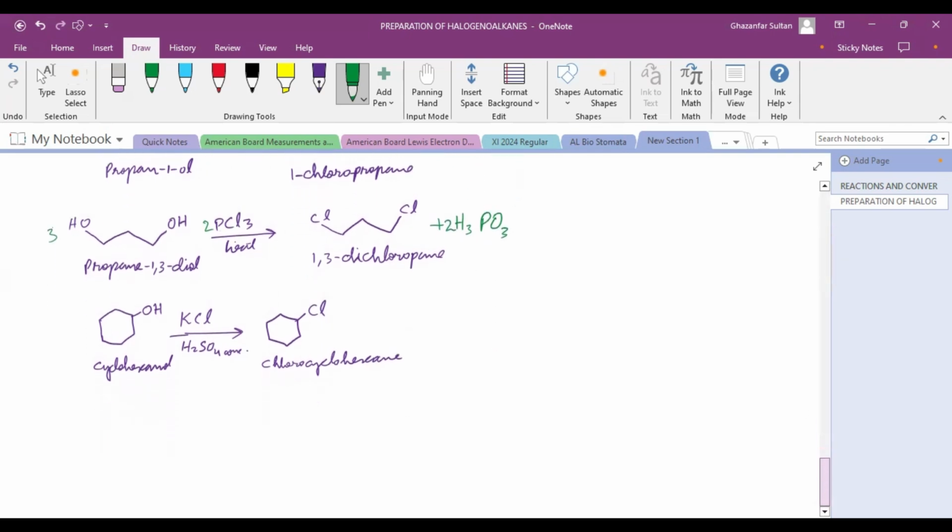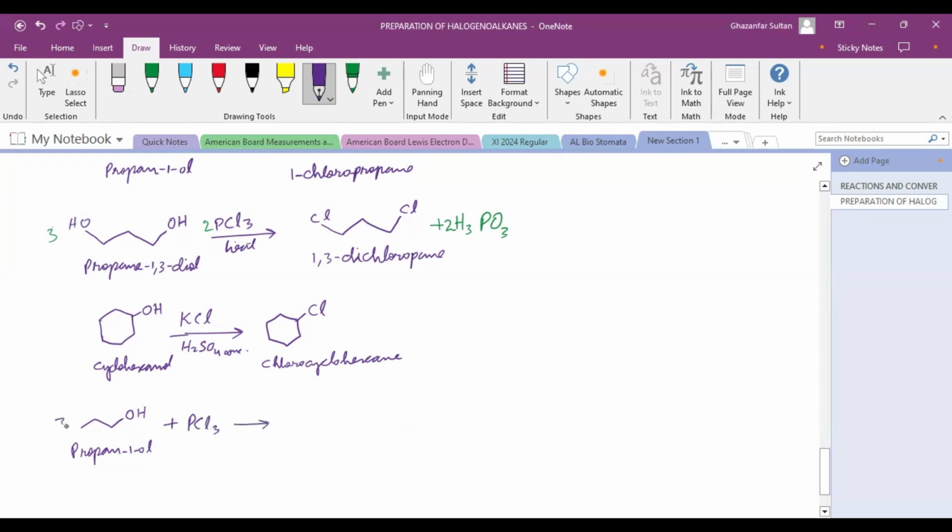And for a simple reaction, you can see this example. For example, you have propan-1-ol, and you react it with PCl3.